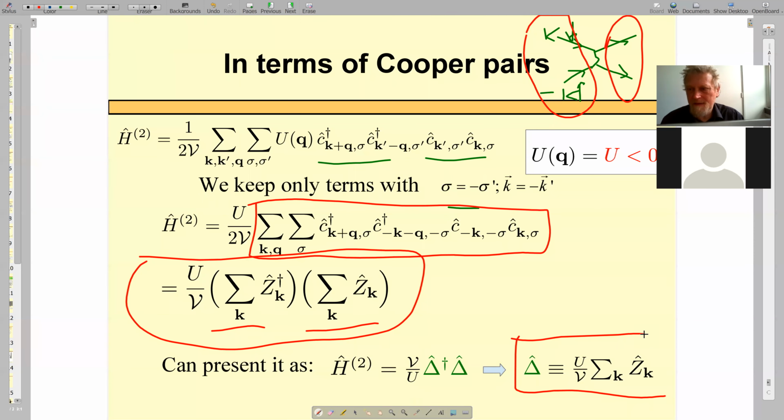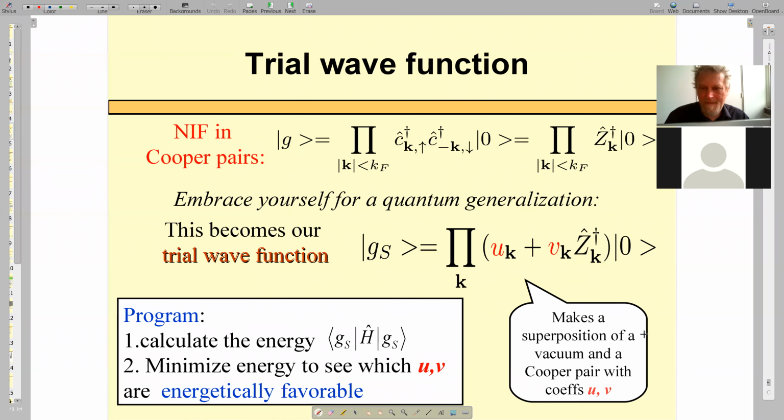Good, but now we got all interaction as a product of two operators delta. Fine. And now we go with a trial wave function.